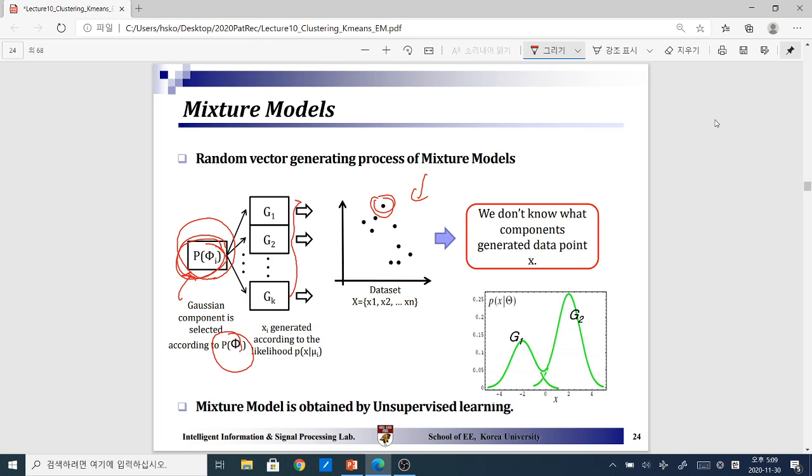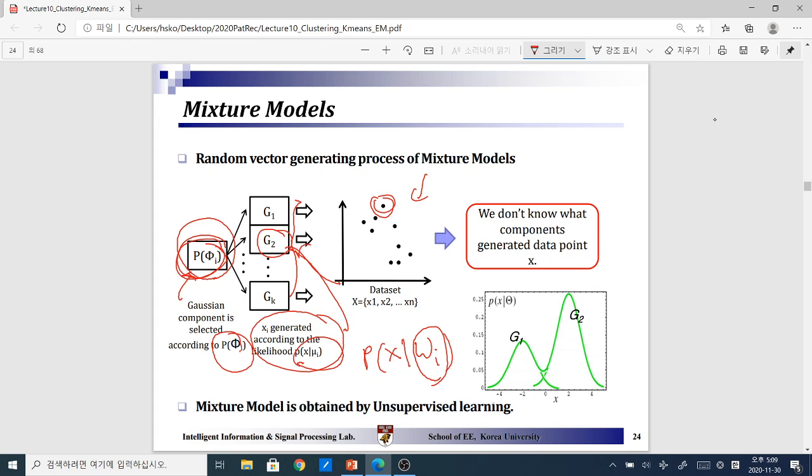Let's say that it chooses a certain probability to be this. Then this G2 will have the sample generated according to the likelihood described by this module G. So it's like saying it's the likelihood of the sample being generated by this particular model, let's say omega sub i.